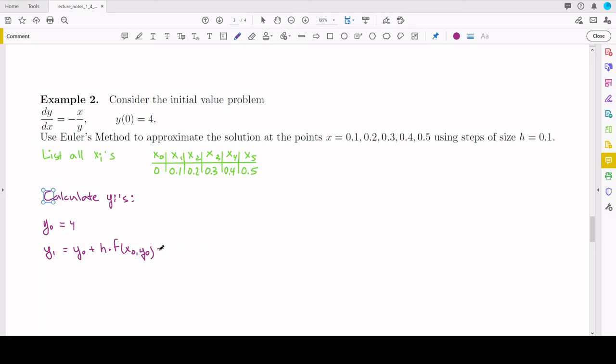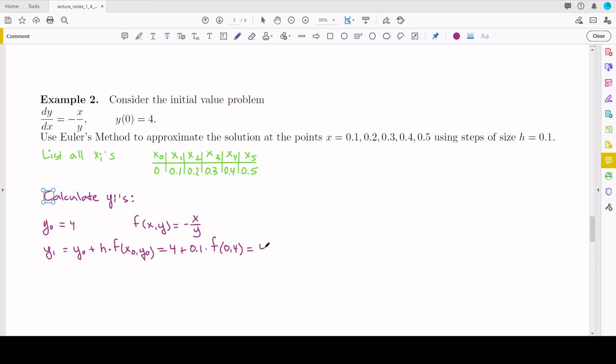Our y0 is 4, our h is 0.1, and then f of x0, y0, let's take a look here. We see that f of x comma y is given by negative x over y. So f of x0, y0, that's actually f of 0 comma 4.